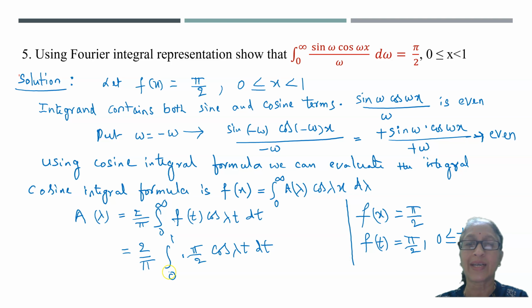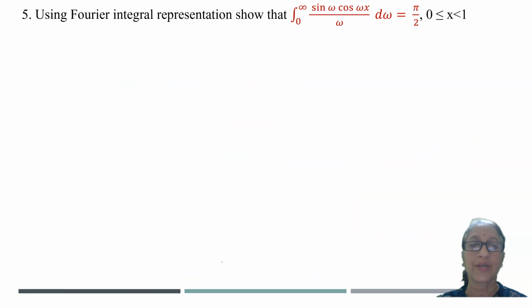That's why here we have taken limits from 0 to 1. Here we have taken pi by 2 in the place of f(t) into cos lambda t dt, which is equal to 2 by pi into pi by 2 integral 0 to 1 cos lambda t dt. Then here these terms will get cancelled.